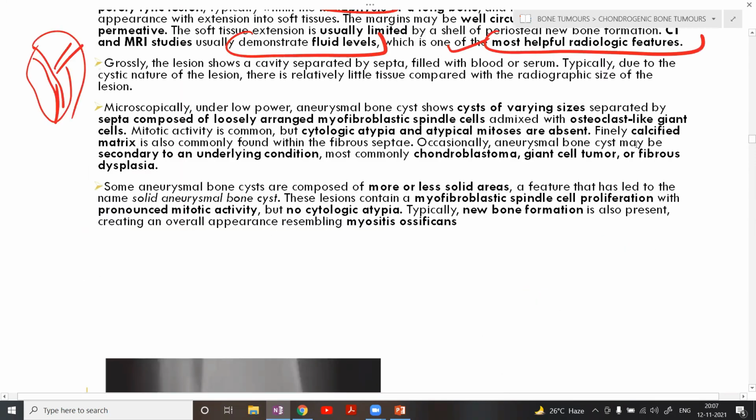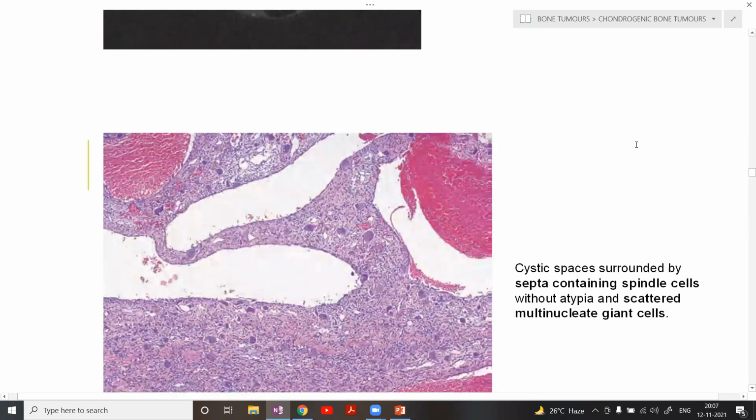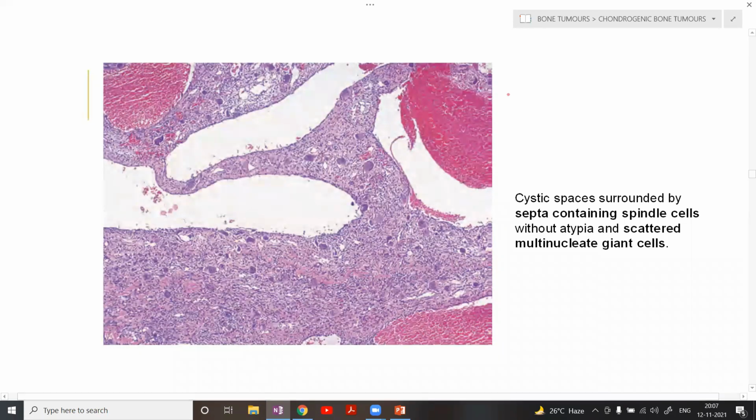Now, before I go into the theoretical part, which is a little bit boring, let us first see together. As we can see over here, there are multiple spaces which are not lined by any vascular endothelium, and you see multiple areas of hemorrhage.